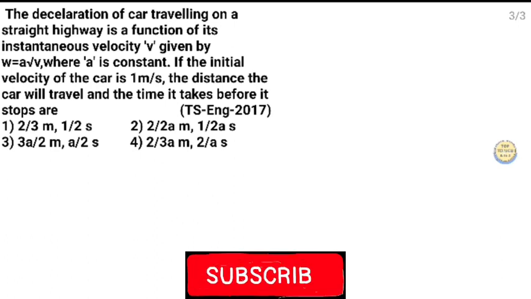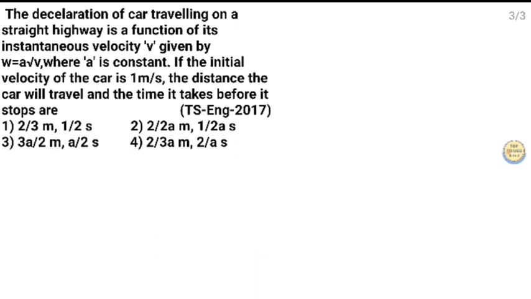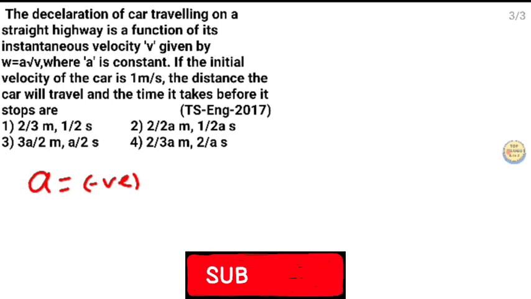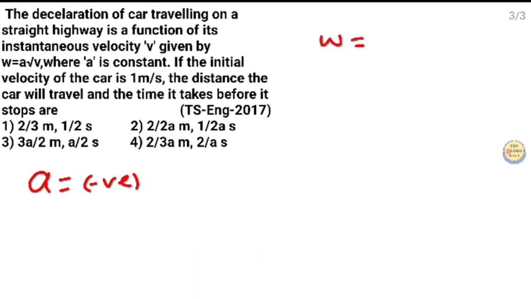In the question, the deceleration means negative acceleration. Deceleration means this is a negative acceleration, but it is given w is equal to a root v.